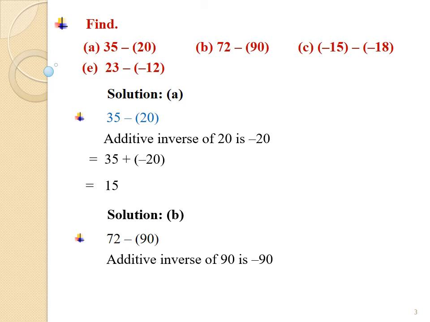Now, let us convert the subtraction sign into an addition sign and write the additive inverse of 90. Thus, converting the subtraction sign which is given after the positive integer 72 into an addition sign and writing the additive inverse of 90, which is minus 90, we get 72 plus minus 90.